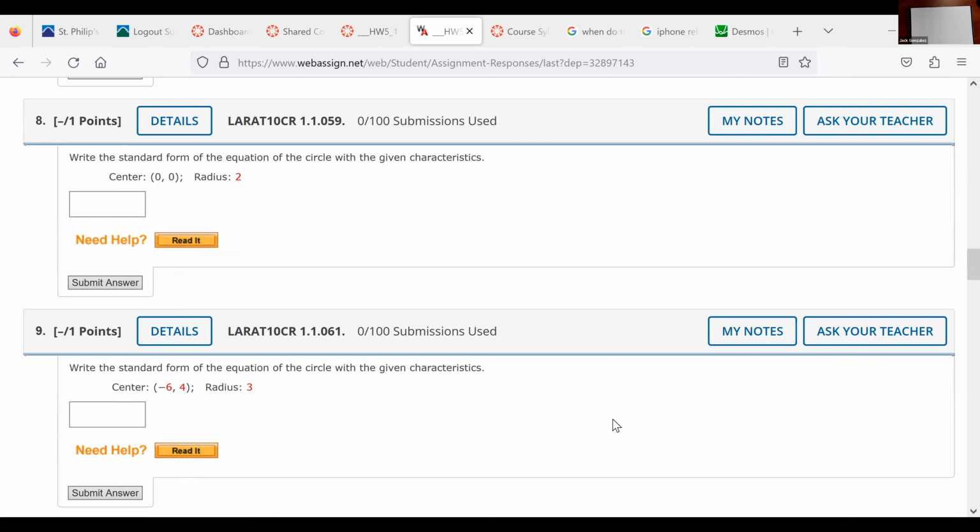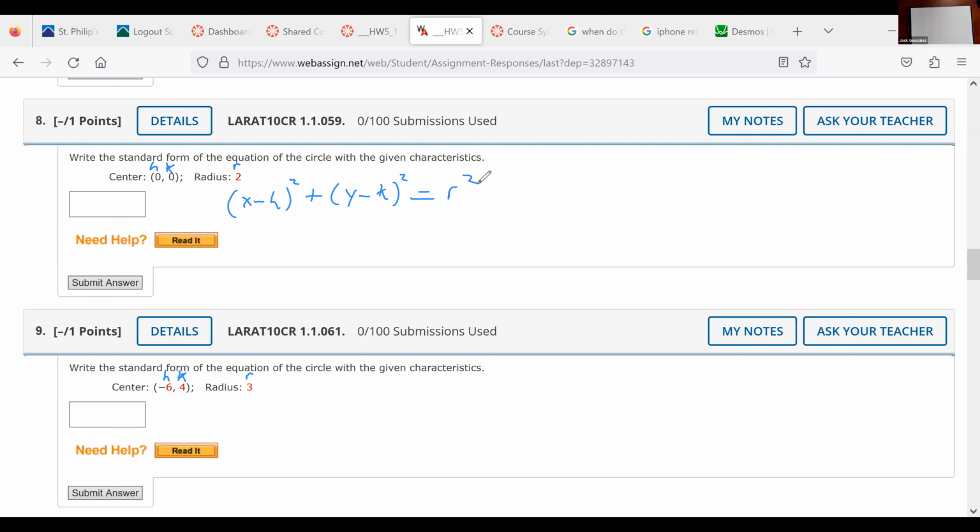So this center is H, K. This is H, K. This is R. So we just need the standard form. The formula, we should be good. We said it was X minus H, Y minus K, equal to R squared.